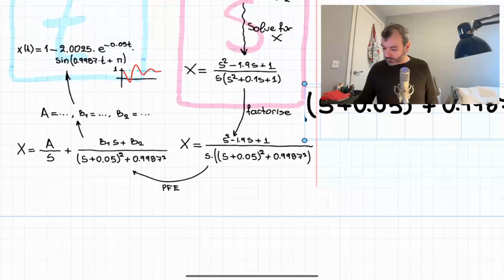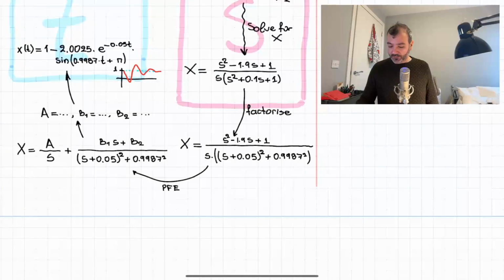Then you can do a partial fractions expansion, and you can decompose this as A over S, because you have an S over here, which corresponds to a real pole at 0. And then you have B1 S plus B2 over this, because here we have complex conjugate poles. Then you would have to determine A, B1, and B2.